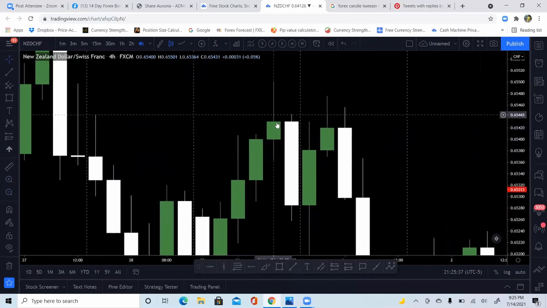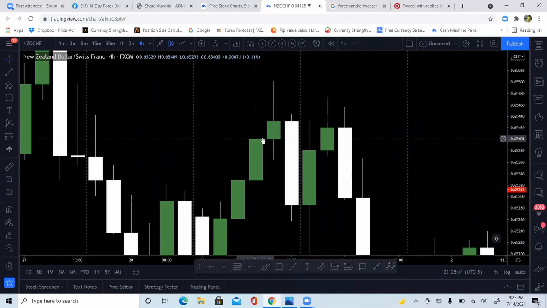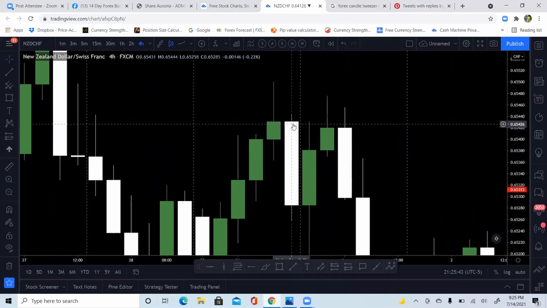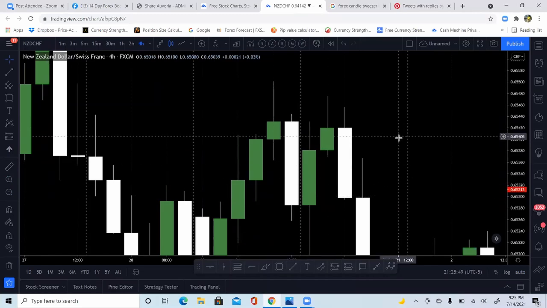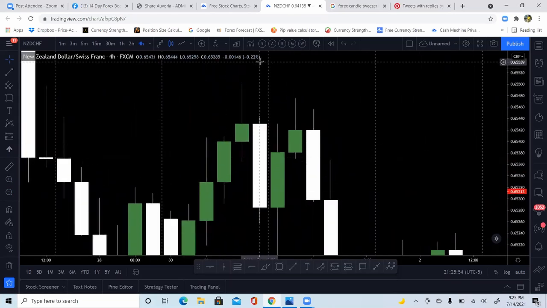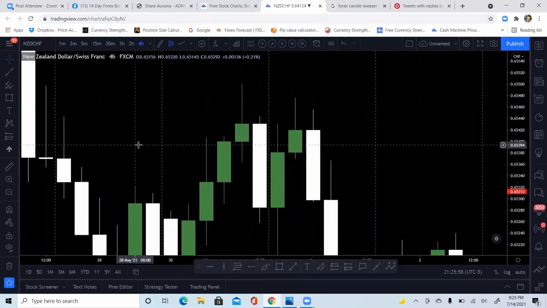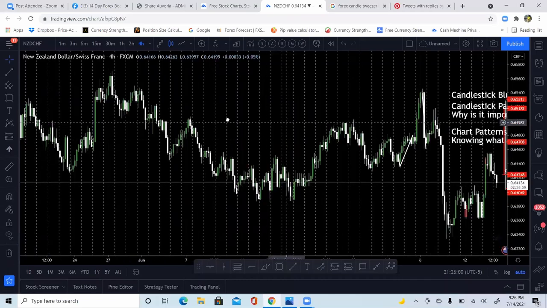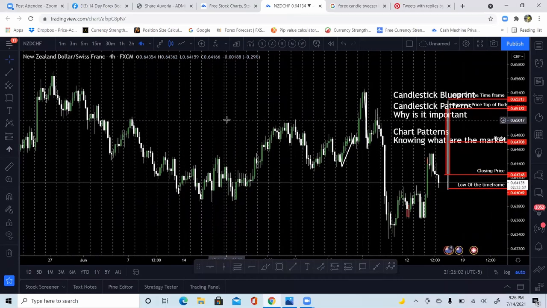Or you can consider that the shooting star as well, because you have the bullish followed by the doji, followed by the bearish. So you see how they kind of mix into each other. It's over and over again. They're giving you the hints. That's the crazy part about Forex. It's not random. You just have to know what you're looking at.